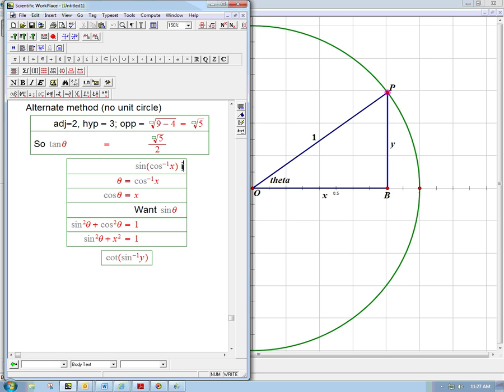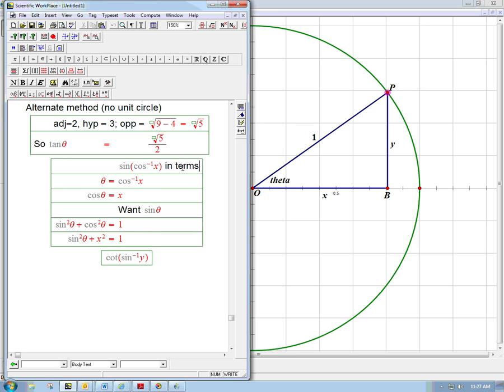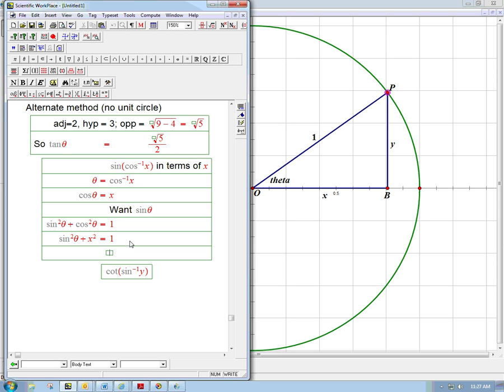So we want a simplification in terms of x. We're almost there, because we can solve for sine squared theta and then solve for sine theta. It's going to be 1 minus x squared, and then take the square root. So probably need a plus or minus here, although we'll consider that in a second.